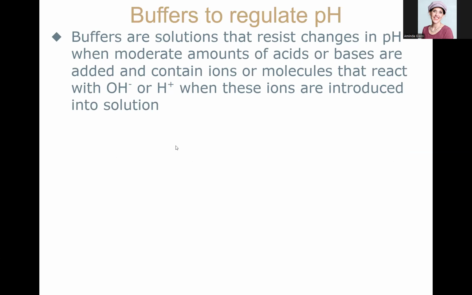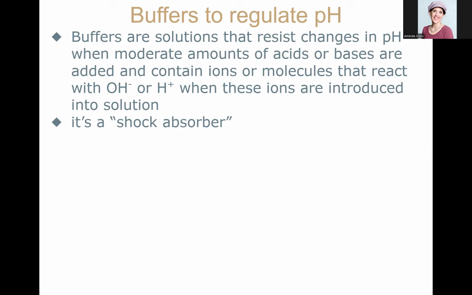Now, buffers are solutions that resist changes in pH when moderate amounts of acids or bases are added. They contain ions or molecules that react with hydroxide or hydrogen ions when these ions are introduced into solution. Buffers are basically shock absorbers.